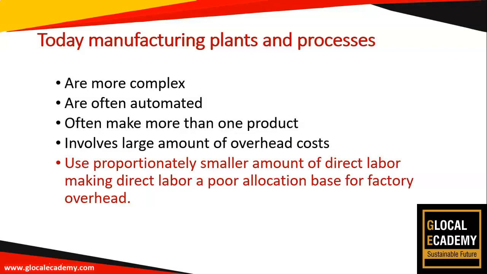And when labor especially is a proportionately smaller amount of the total cost of the product, whereas overheads are the larger amount, then it is quite unfair to use labor to apportion the manufacturing overhead cost.